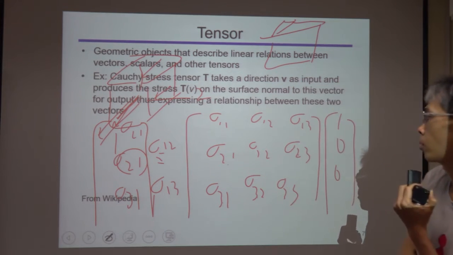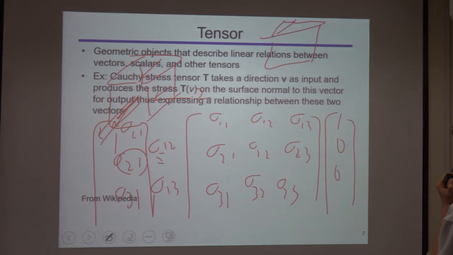So the stress tensor T has the direction V as input and produces the stress T of V on the surface normal to this vector for output, thus expressing a relationship between these two vectors.